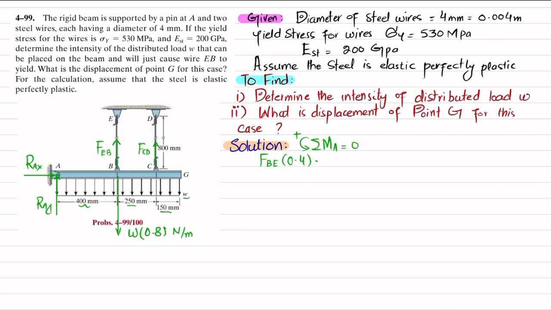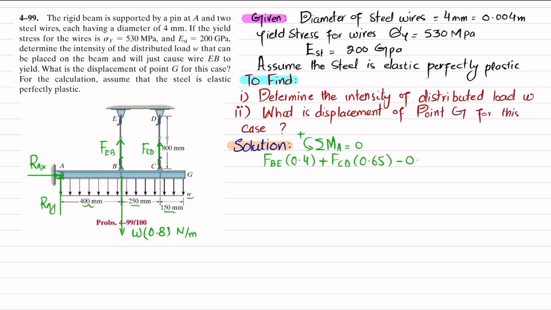So I will write plus FCD into 0.65, and the last moment is produced due to W into 0.8, and the perpendicular distance is 0.4, and this is producing clockwise, so it will be negative. So I will write minus 0.8 times W into 0.4.